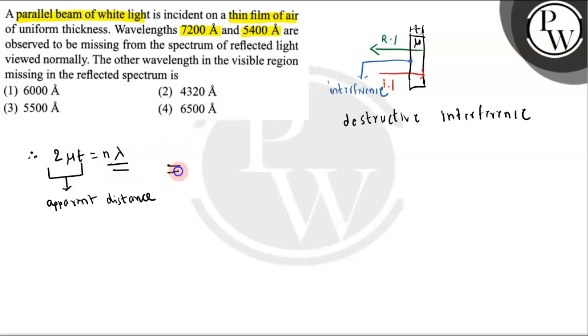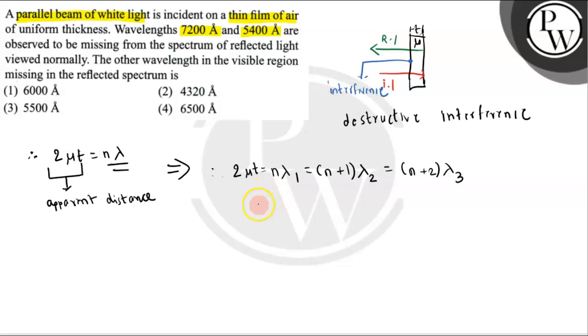So now if we solve it further, can we say that 2 mu t is equal to n lambda 1, that is for the first wavelength, equals n plus 1 lambda 2, that is for the second wavelength, which is again equal to n plus 2 lambda 3, right?